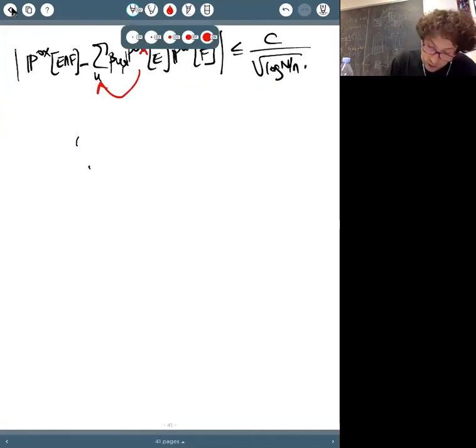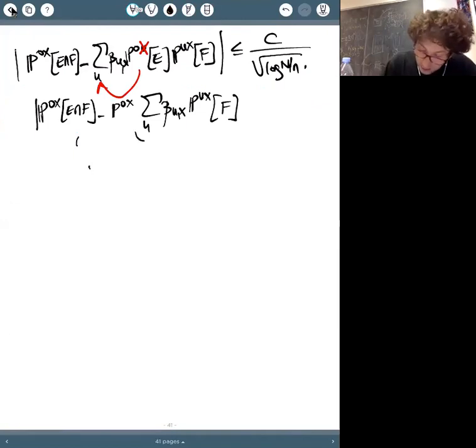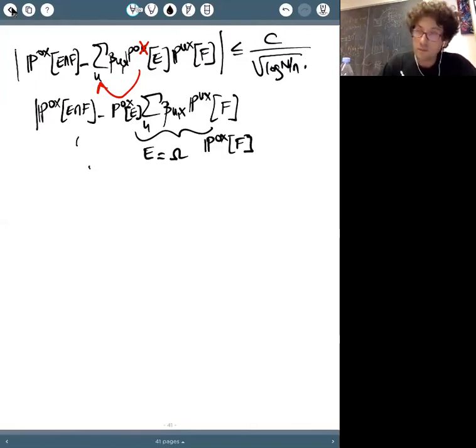So you end up with P0x of E intersected with F minus P0x of the sum over U of beta ux Pux of F. But this, by applying the same formula, but this time for E equal omega, this is just P0x of F. And you exactly end up with what you want.